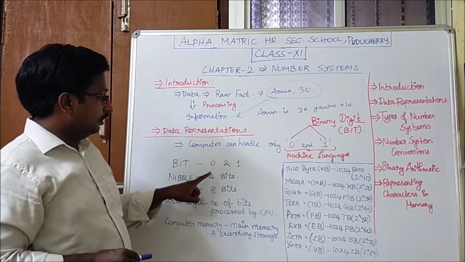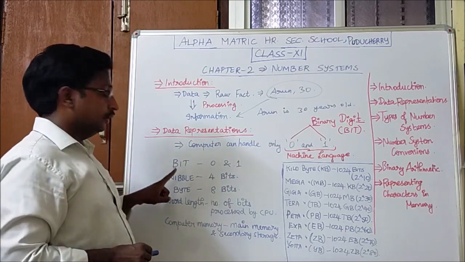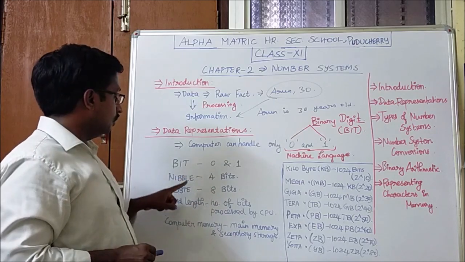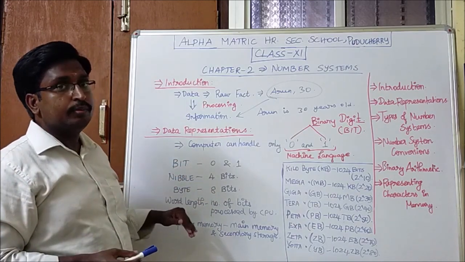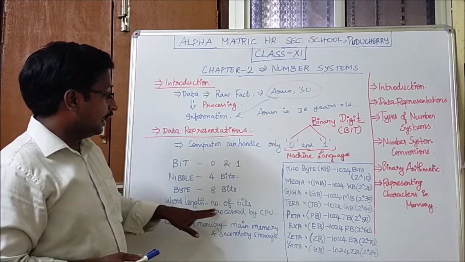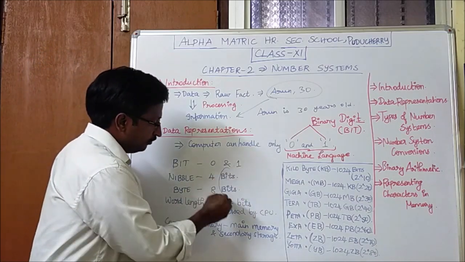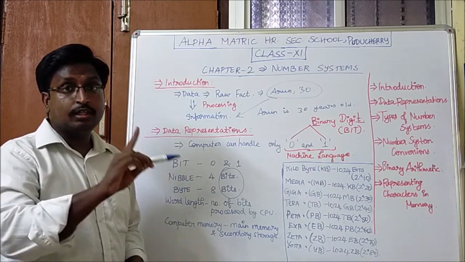A nibble is a combination of 4 bits, and a combination of 8 bits we call a byte. So these are the various terms available in data representation. Next is the word length. Word length means the number of bits processed by the CPU at a time in a single operation.